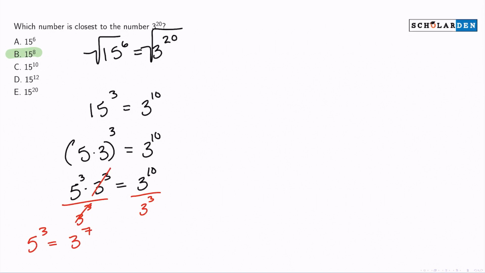Let's see how close these numbers are to each other, because 5 to the power of 3 and 3 to the power of 7 is a lot more doable than previously thought. 5 cubed is 125. And 3 to the power of 7 is the same as 3 squared times 3 squared times 3 squared times 3, which is 9 times 9 times 9 times 3.